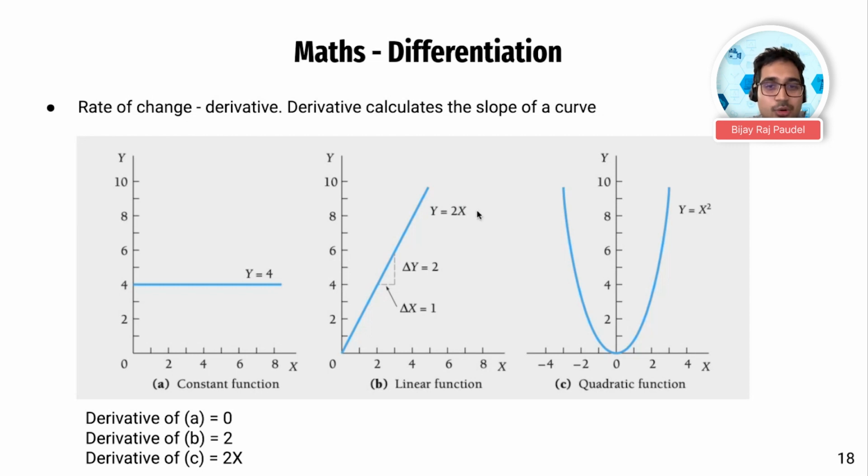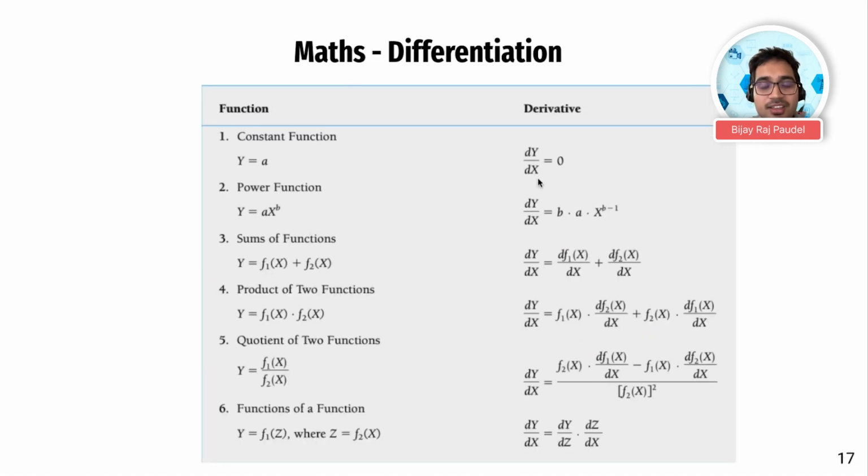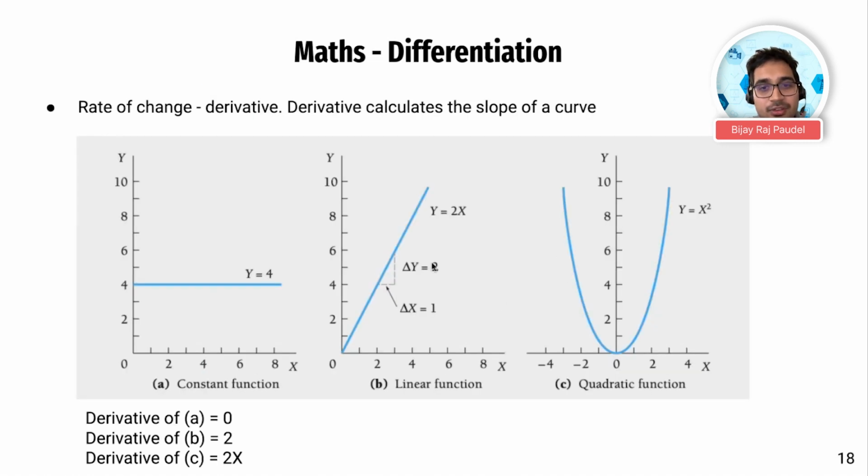The slope is 2, so using this formula you get a derivative of 2. And for something non-linear, like this parabola, the equation is y equals x squared, and the derivative will be 2x.